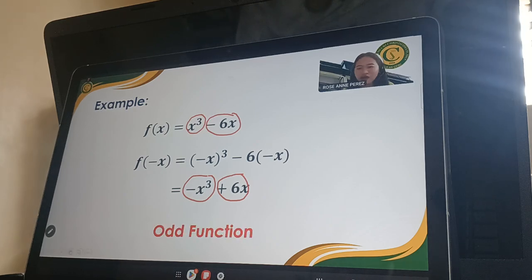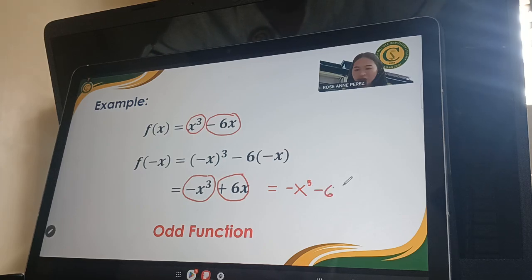But there are instances, class, where the sign is opposite for the first term but the same for the second term, and that is an example of neither an odd nor an even function. Let's say, for example, the result here is negative x cubed, opposite for the first term but the same for the second term.